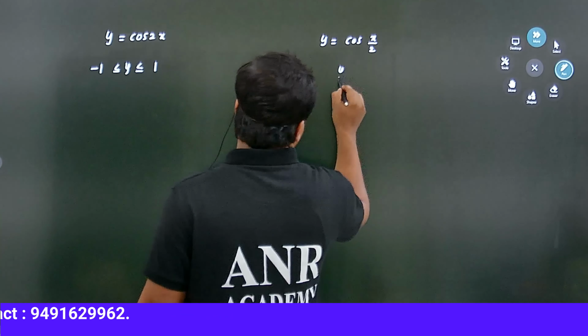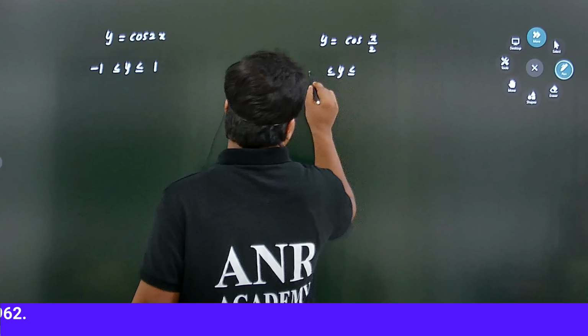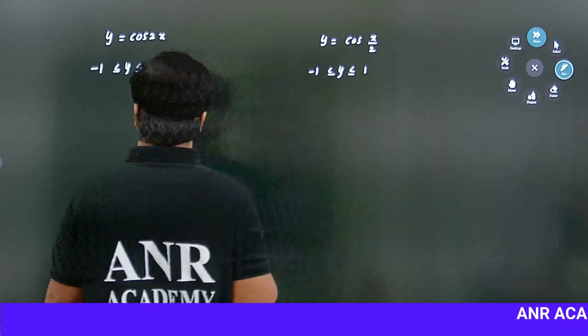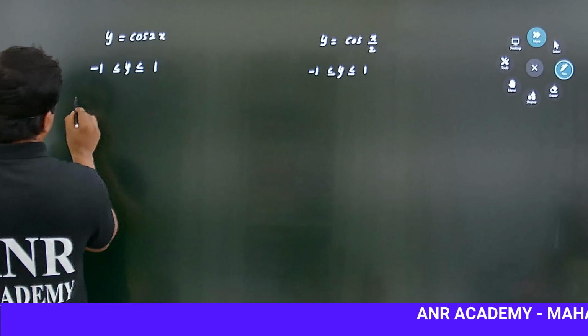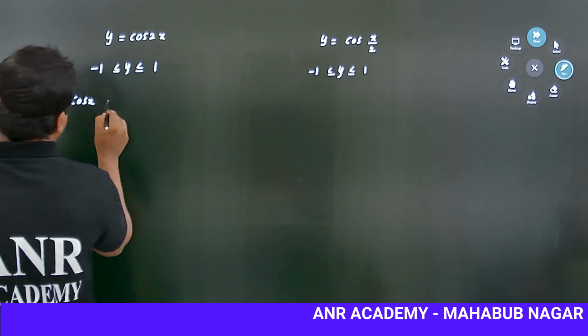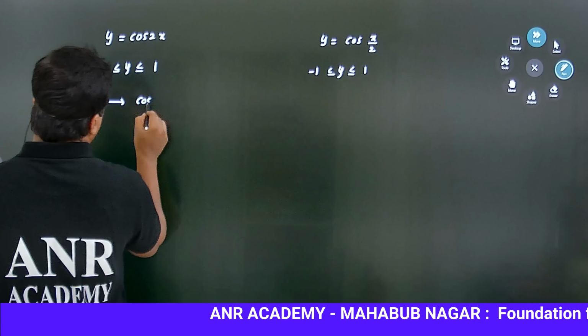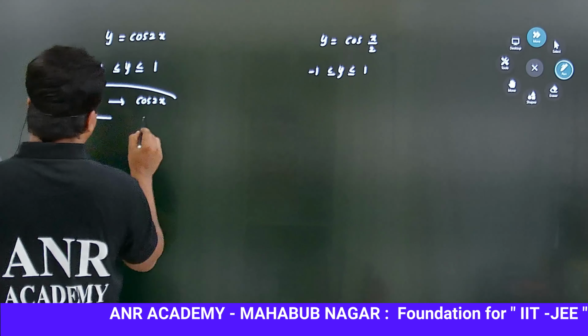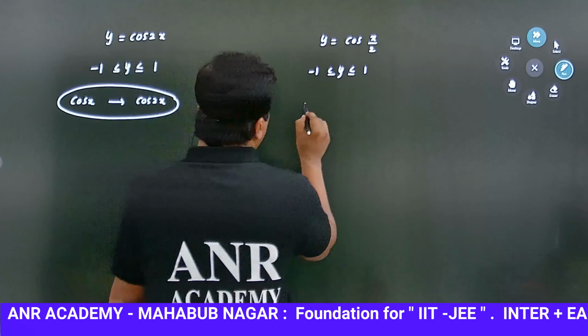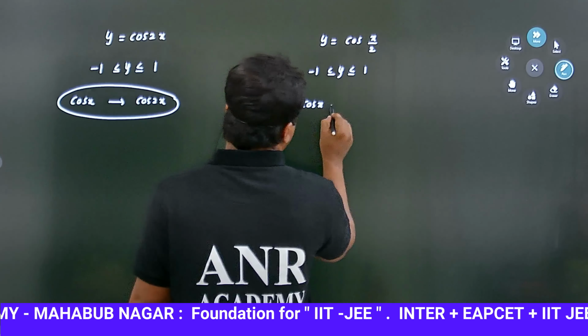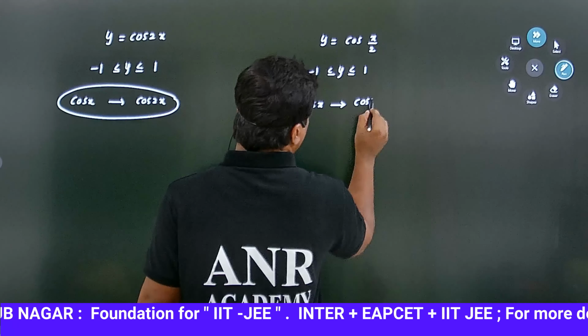Again, for the cosine function, its range is from minus 1 to plus 1. We are going to transform from cos x to cos 2x here, and here cos x to cos x by 2.